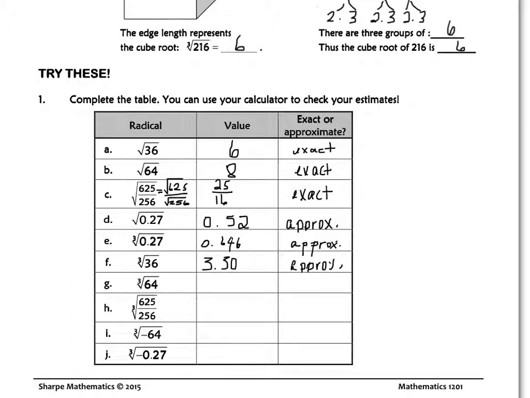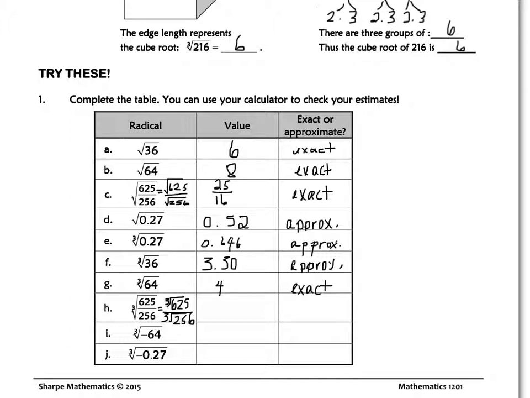Next one's the cube root of 64, which you should know is 4, so that would be considered exact. And the cube root of 625 over 256, you can break it apart like that again, the cube root of 625 over the cube root of 256.